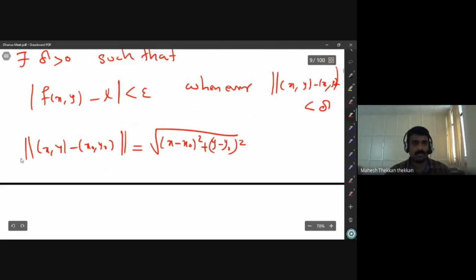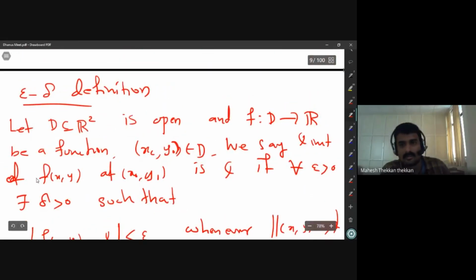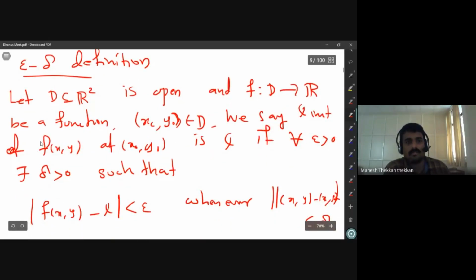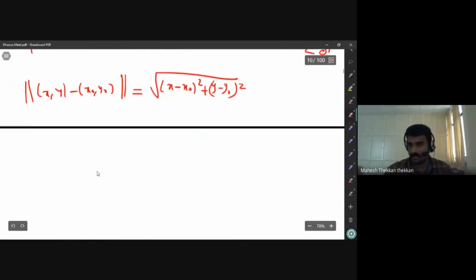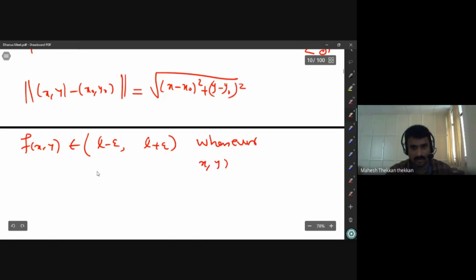Okay, so what does it actually mean? We say L is the limit of f at (x naught, y naught) if for a given epsilon, I can find some delta such that this condition holds. What this condition says is that f(x,y) belongs to the interval (L minus epsilon, L plus epsilon) whenever (x,y) belongs to the ball B delta of (x naught, y naught).